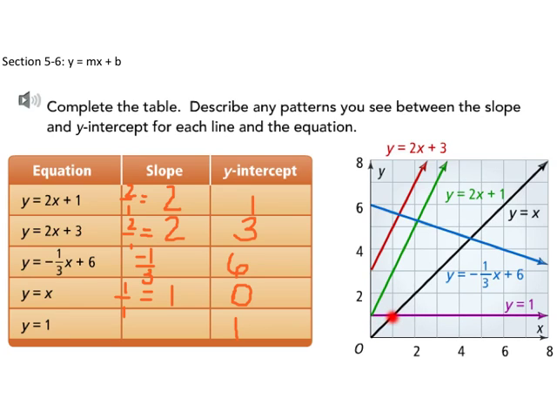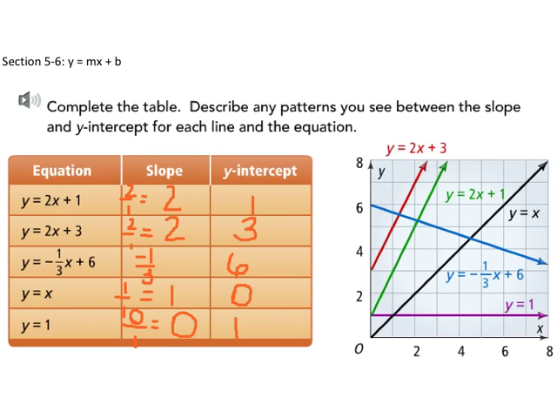I go over 1 to the right, but I'm never going up or down. So that would be 0 up or down, and I go right 1. So 0 over 1 is 0.